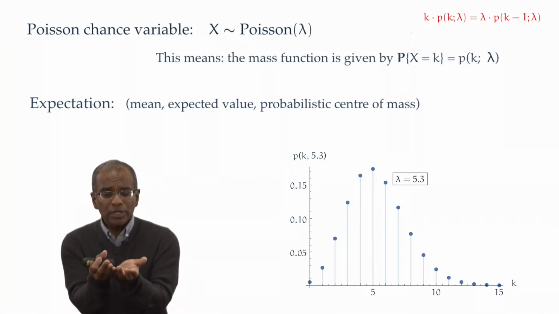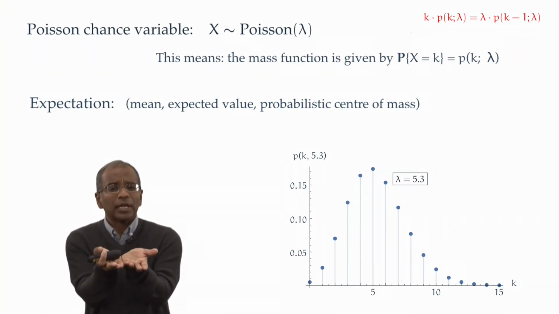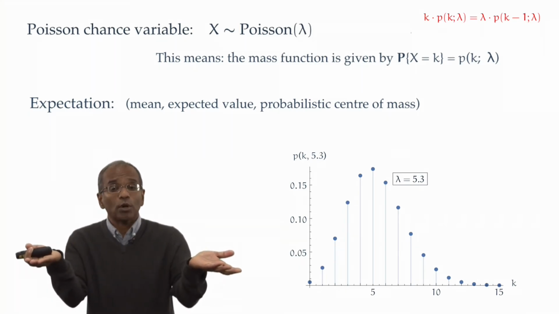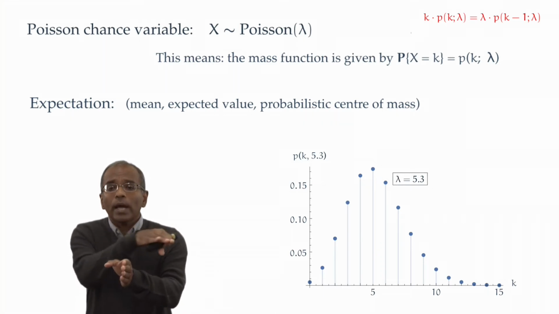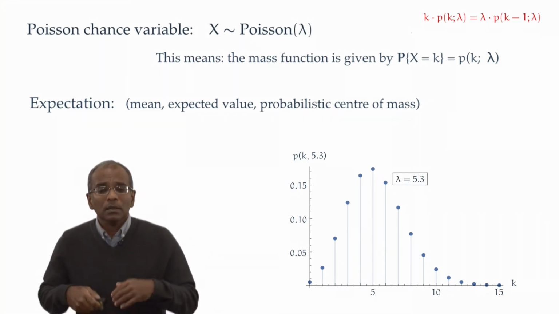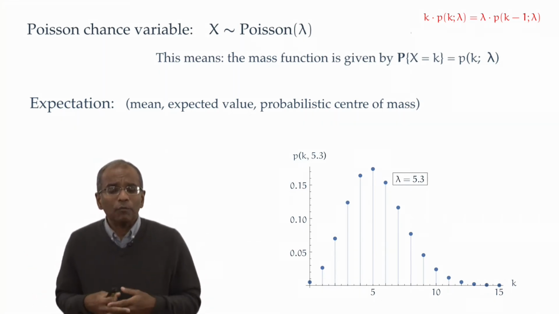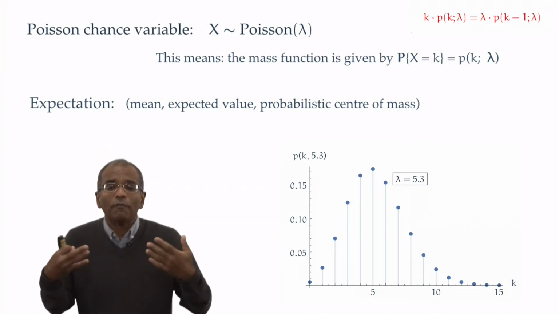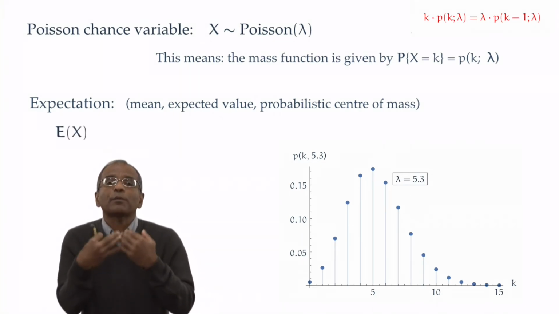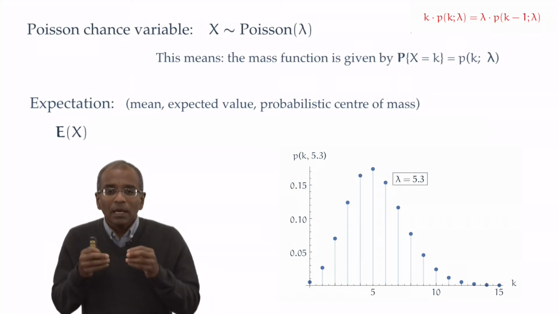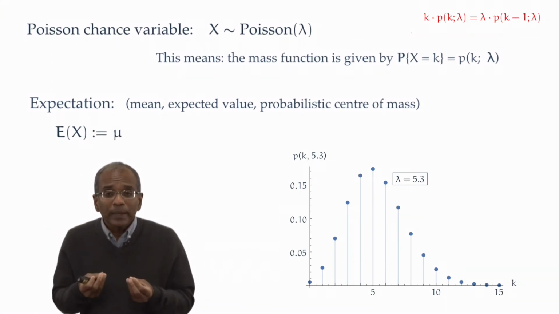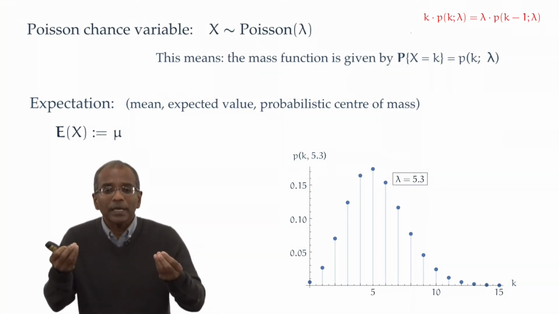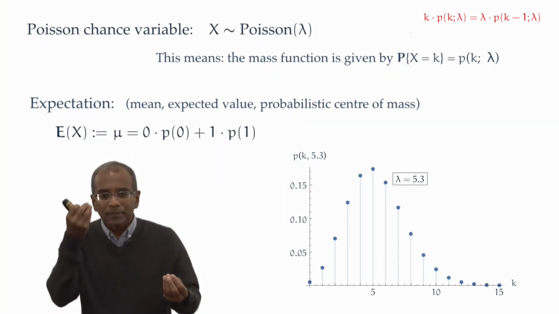And the intuition here is, as before, imagine a seesaw with weights distributed on it. What we are trying to do is find the fulcrum, the center of mass, where things are in perfect balance. How do we define this? Well, simply enough, we'll call it as before, E of x, the expectation of your Poisson variable x. It is frequently abbreviated by the lowercase Greek letter mu, and it's defined to be a weighted sum.